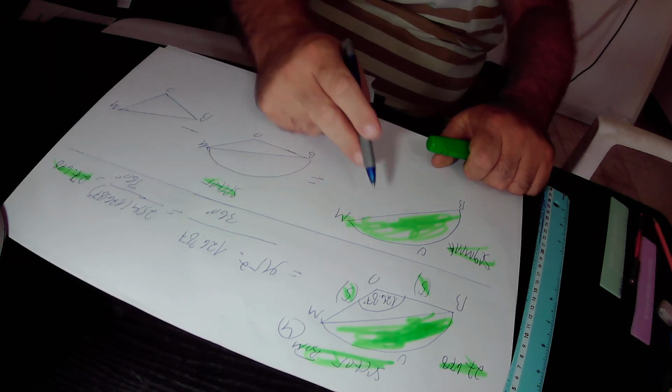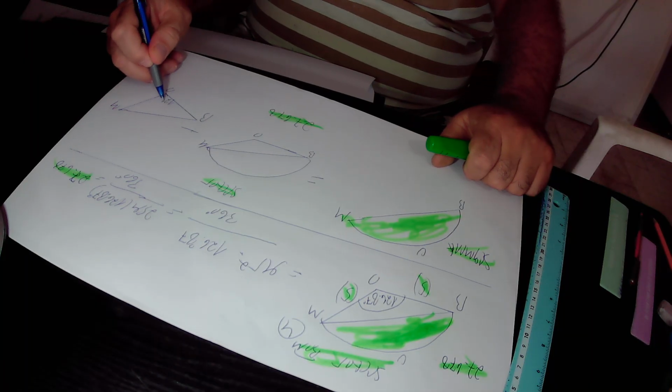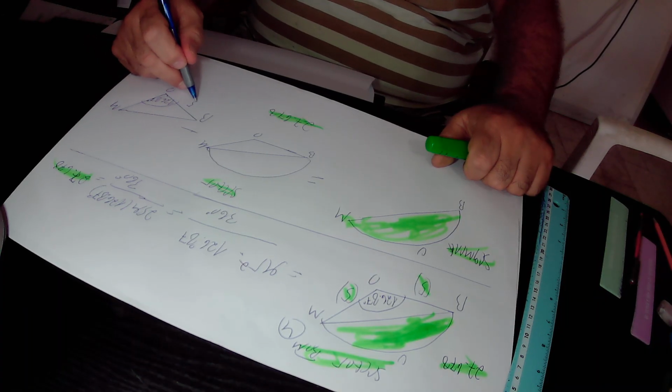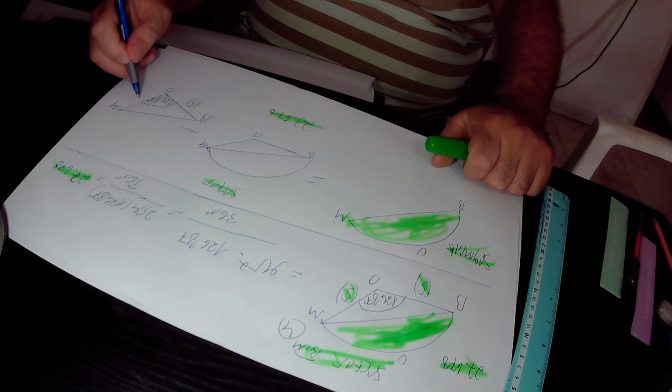Angle BOM equals 126.87 degrees in size. BO equals OM equals 5; they are both the radii of the semicircle, equal to 5.